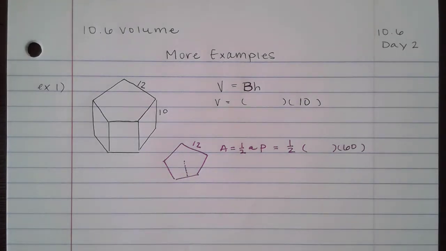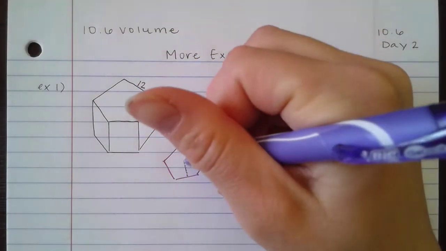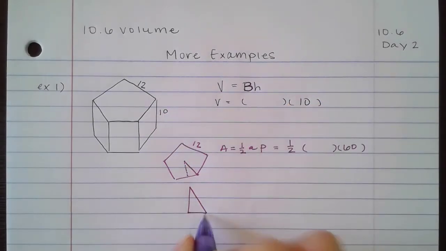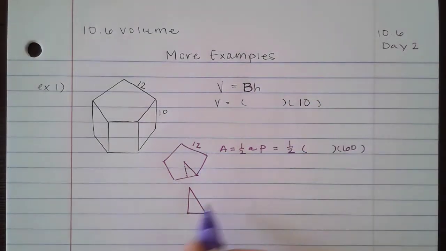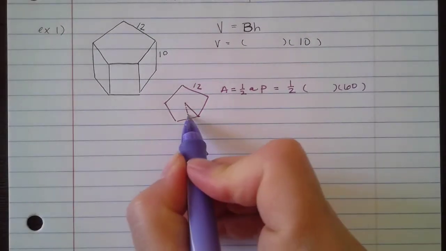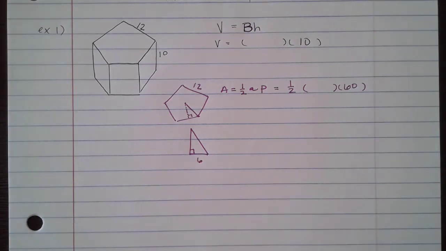Then I need to find the apothem. I need to figure out what this distance is. So we're going to blow up that triangle right there. All right, I know it's 90 degrees. If it wasn't 90 degrees, I wouldn't be able to solve it. It's half of the side length, so that's 6.